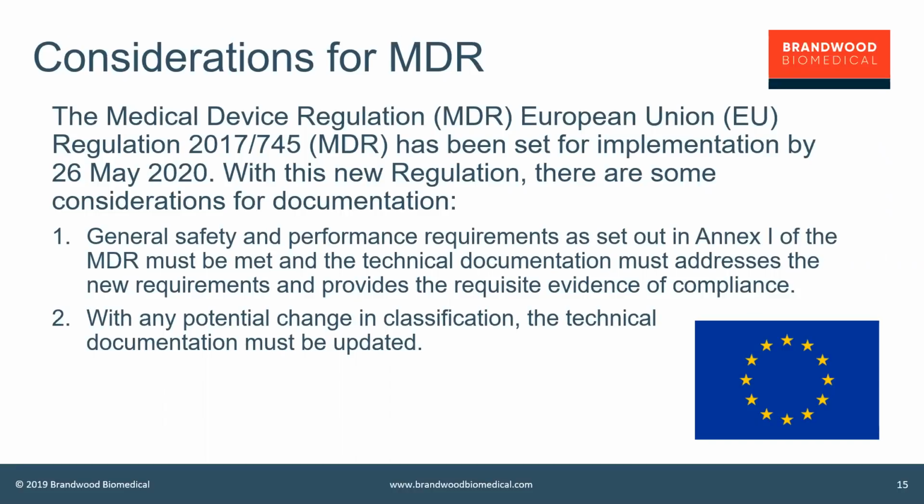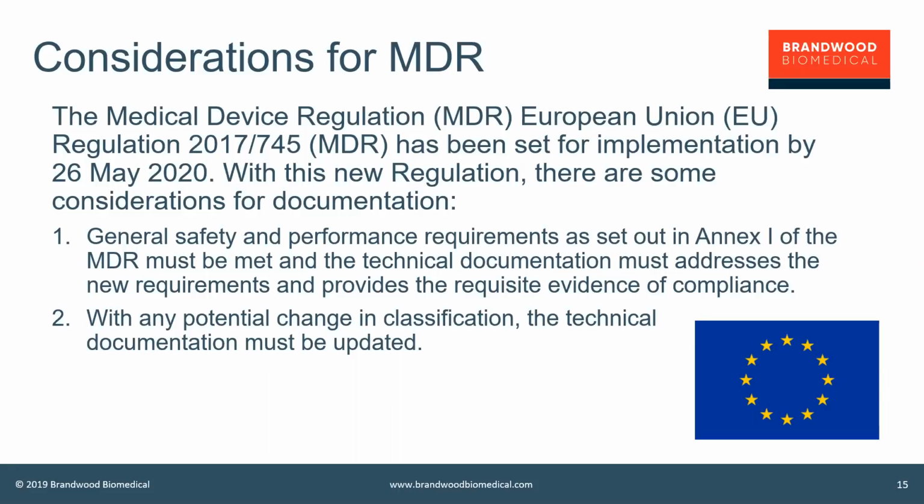Okay. The next one, because the MDR is really going to change things when it comes to classifications, you need to make sure that your technical documentation will also support the new classification of your device.